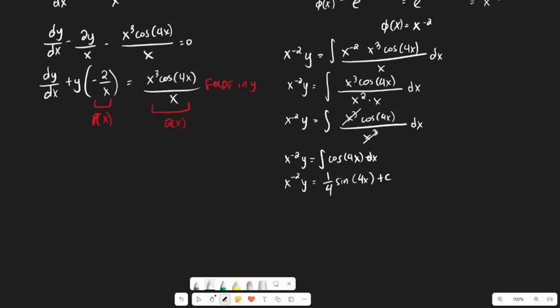Then afterwards, we can isolate y. In order to isolate y, we're going to divide both sides by x raised to negative 2.